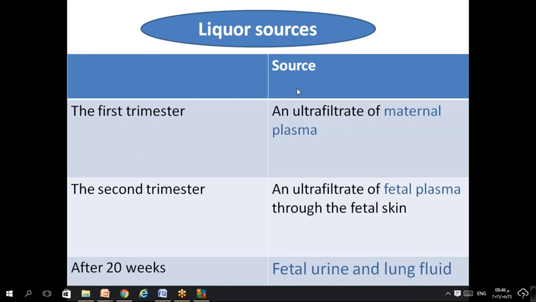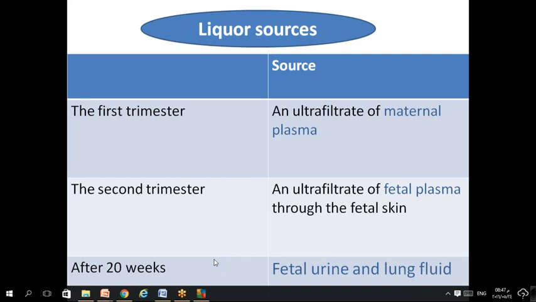And I think all of you know that the source is filtration from maternal plasma. This is a common source in the first trimester. Then it is filtration through the fetal skin, and which is important to us after 16 or 20 weeks, which is mainly from the kidneys. It is actually fetal urine.